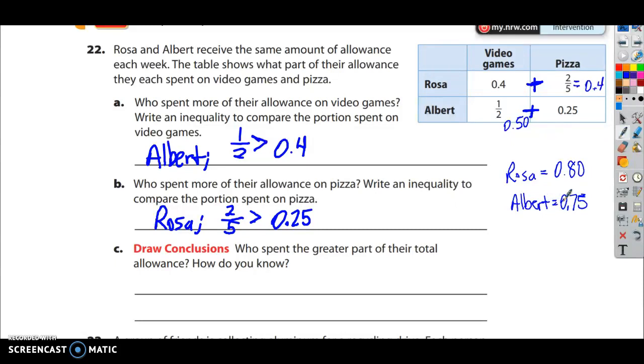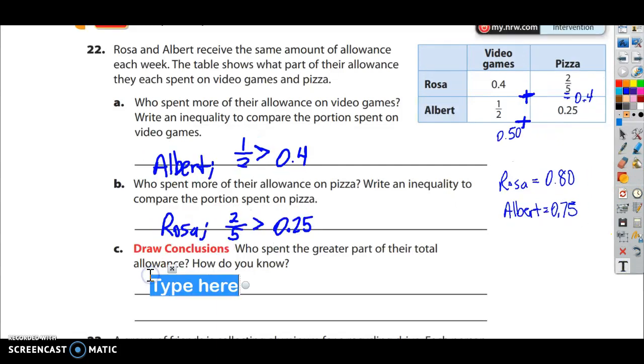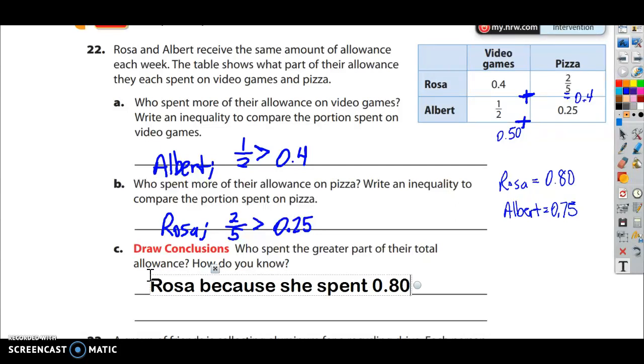So who spent the greater part of their total? I'm going to type this answer. Rosa, because she spent 0 and 8 or 80/100. It could be 8/10 or 80/100, so it's the same thing.